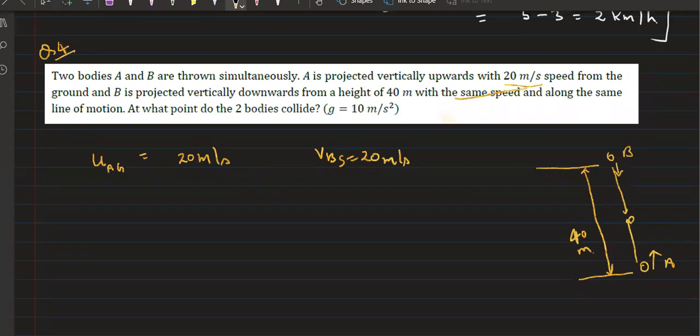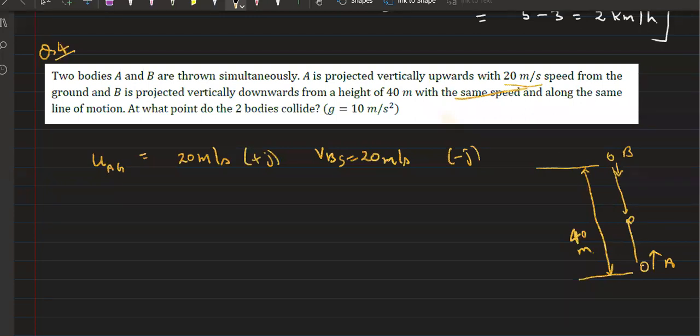The only difference is that velocity of A is in upward direction, so plus j cap, and this is minus j cap. I'm just writing the direction over here. Wait, I wrote it the wrong way around. So A with respect to ground is plus j cap and B with respect to ground is minus j cap, right? B is coming down, A is going up.